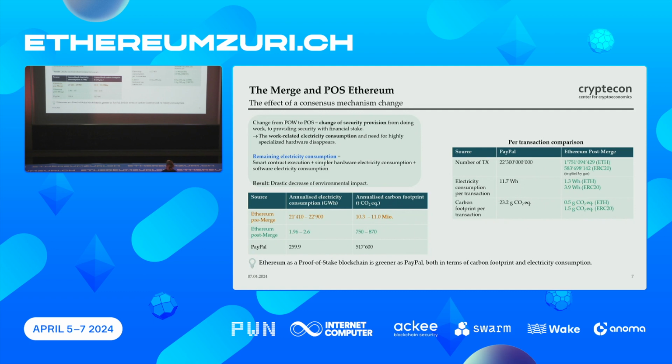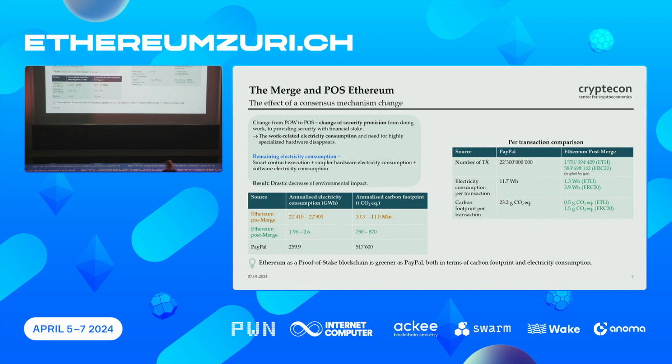According to PayPal's reported carbon footprint from Scope 1 and Scope 2 emissions, they emitted 517,600 tons of CO2 equivalent, which is around 690 times larger than Ethereum's emission post-merge.